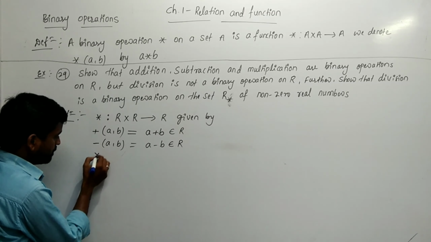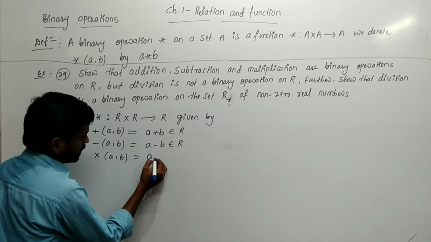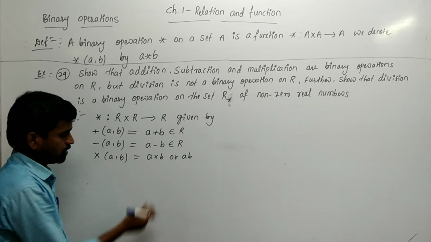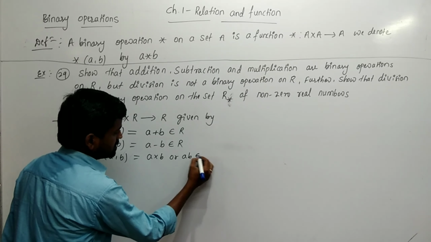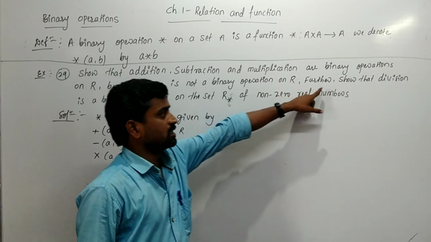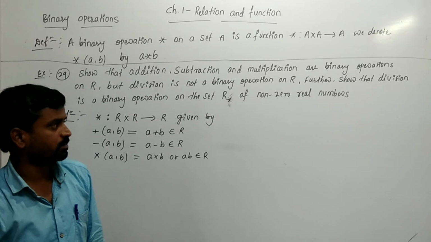Then multiplication of a comma b equals a into b or a b, we can write it this way also. Then this also belongs to real numbers, but division is not a binary operation on real numbers.